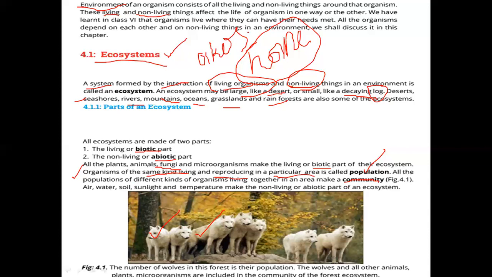Abiotic factors are air, water, sunlight and temperature. Although they are non-living, they are very important for the survival of an organism in the ecosystem.